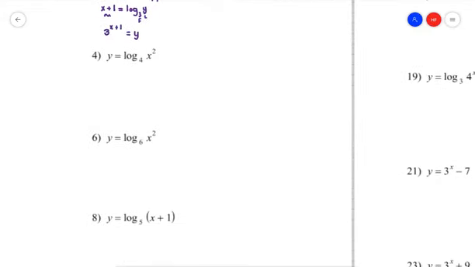Now in number 4, we've got x squared in there. So we're going to do it the same way by switching the x and the y. I am going to use the properties that I know, and I'm going to bring down that squared as a coefficient on the log.